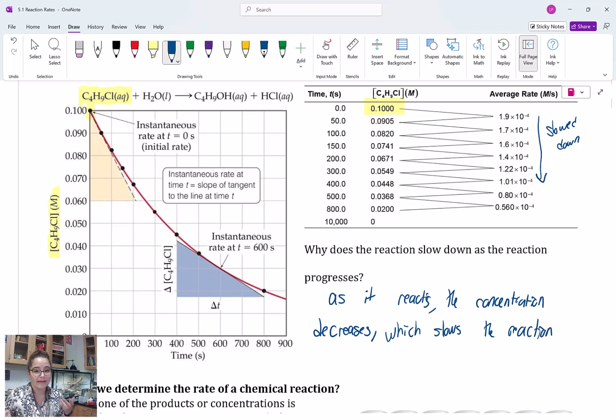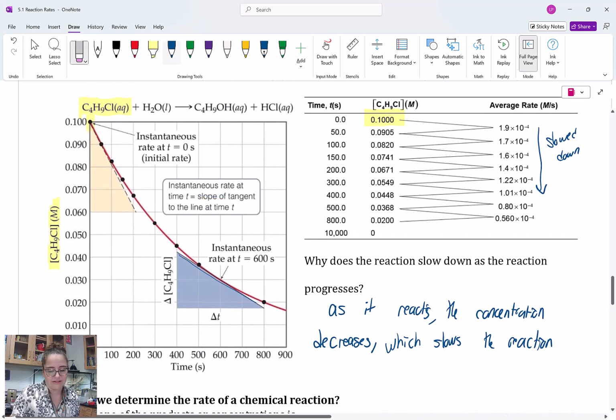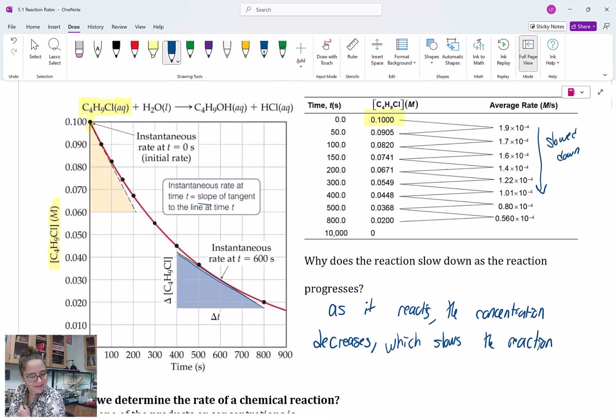That makes sense. If you have fewer molecules there, you're going to have fewer of those effective collisions. If you have more particles, you have more effective collisions. Fewer particles, fewer. So we can see that change, and how we would measure the instantaneous rate from the line tangent to that curve, or the derivative of it if you are a calculus person.